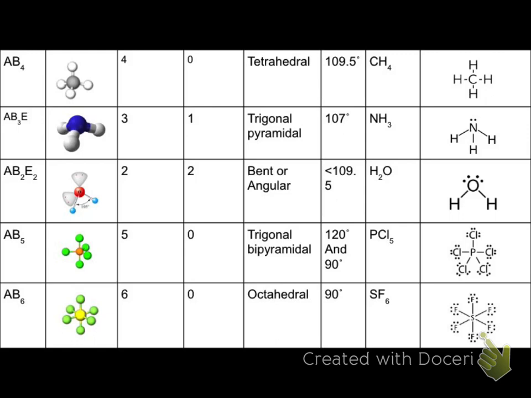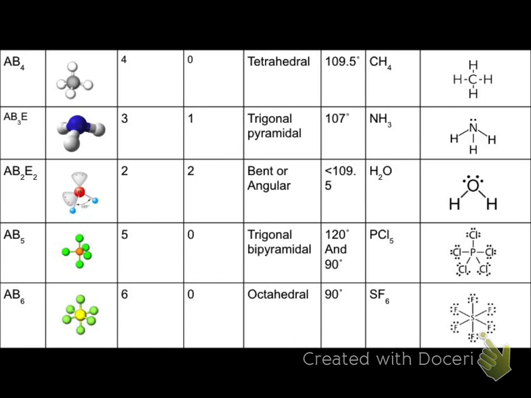If we take the tetrahedral shape and we replace 2 of the atoms with lone pairs, we get our next shape, AB2E2. This is the same bent or angular shape as from above, but since there's 2 lone pairs instead of 1 lone pair, the bond angle is even smaller.